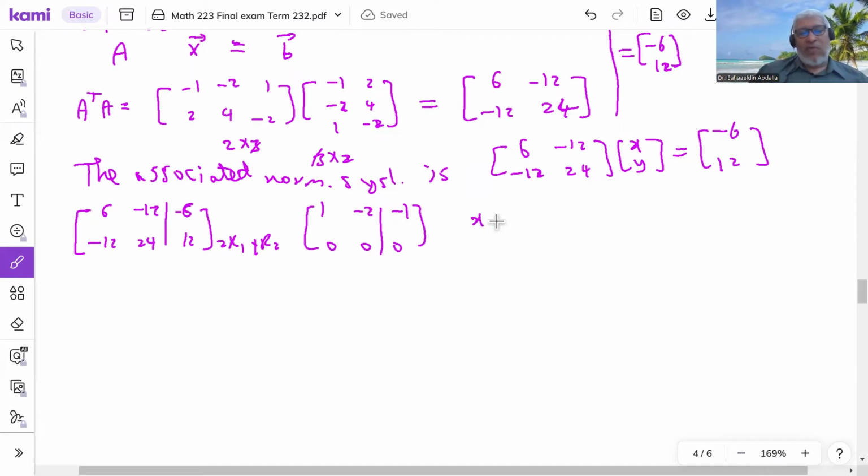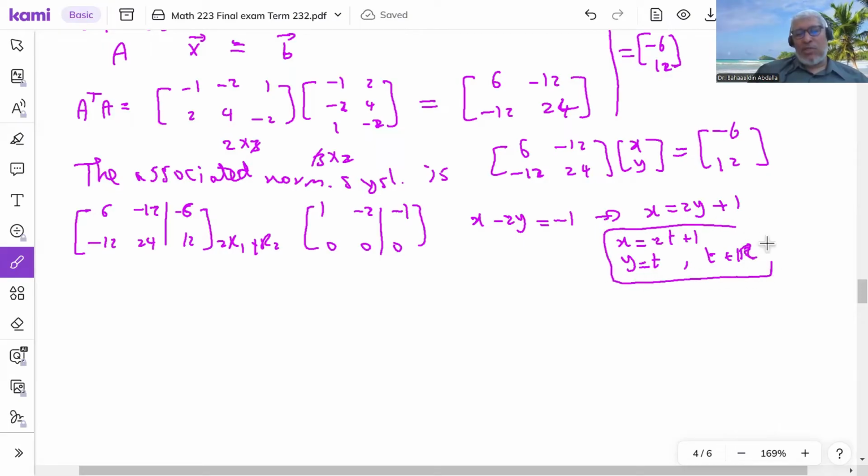So I have one equation, x minus 2y equals minus 1, and then x would be 2y plus 1. x has a leading 1, y doesn't, so y is free. So I let y equal t, then x would be 2t plus 1, and t is any real number.